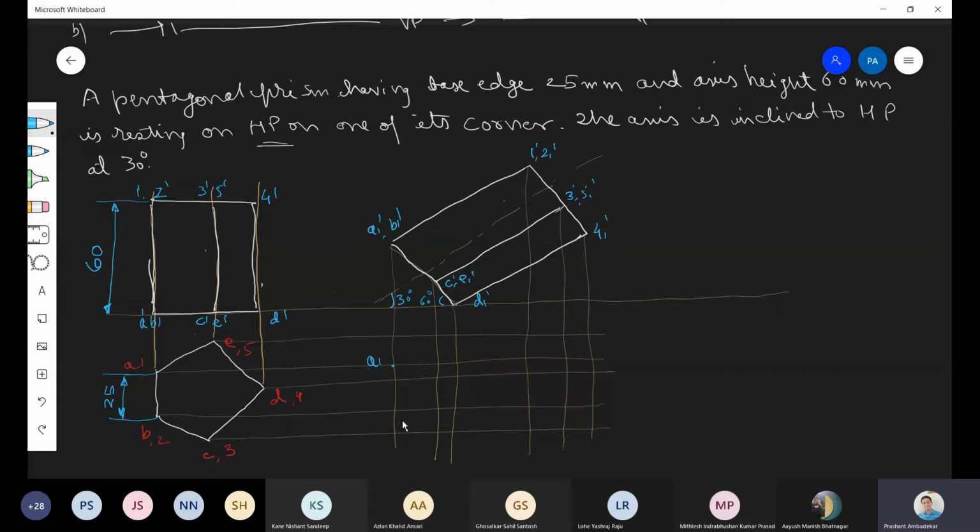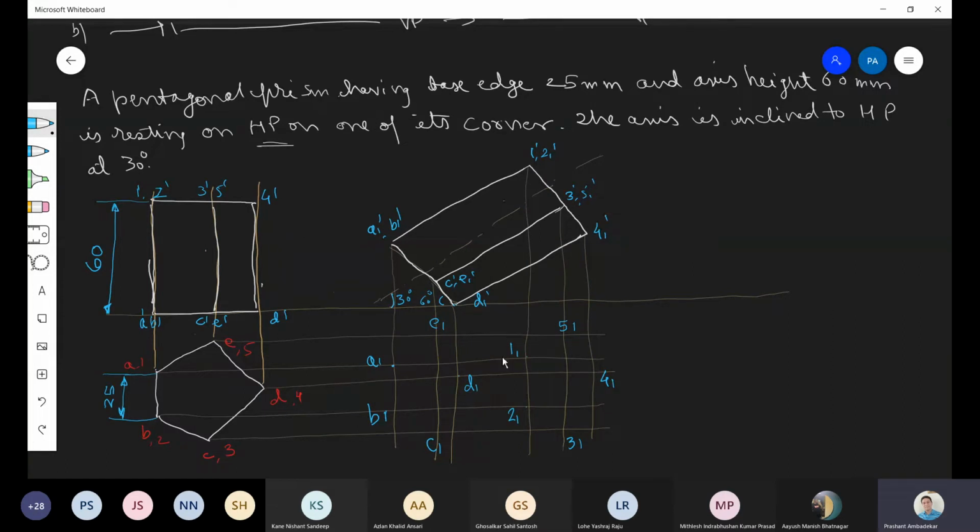So intersection of this will be this point B. So B1 will be this point, B1. And in the same way, this will be C1, and here we will have E1, and D1 will be this point, D1. Then this will be 4-1, this will be 5-1, this will be 3-1, this point will be 1-1, and this point will be 2-1.